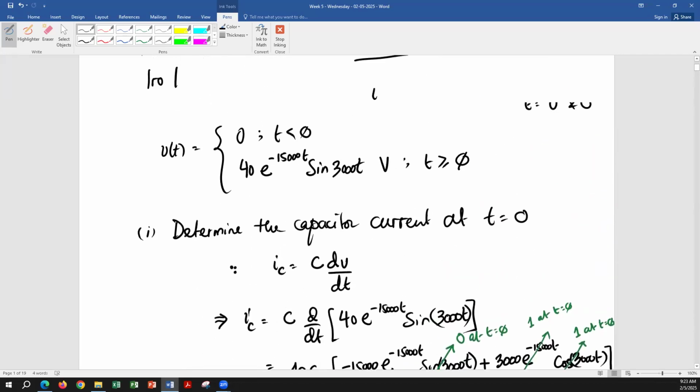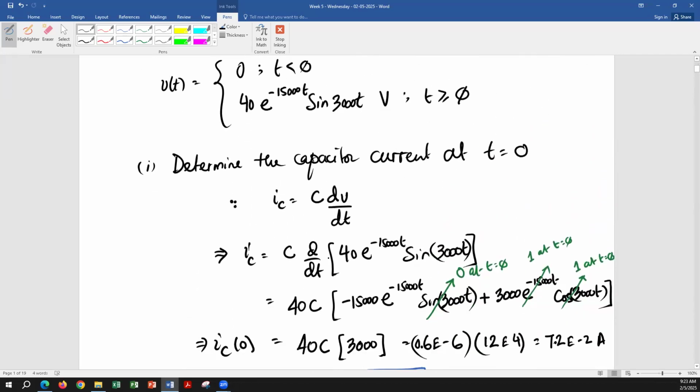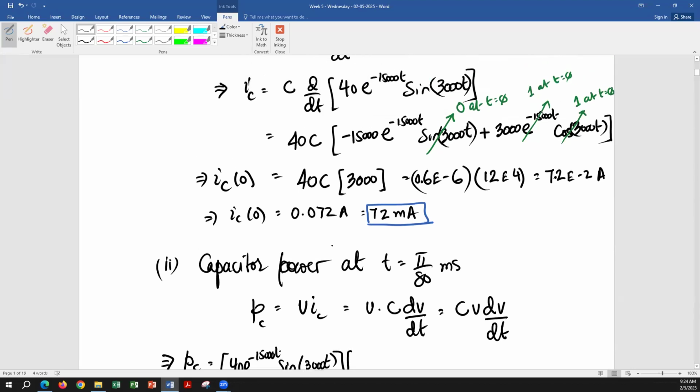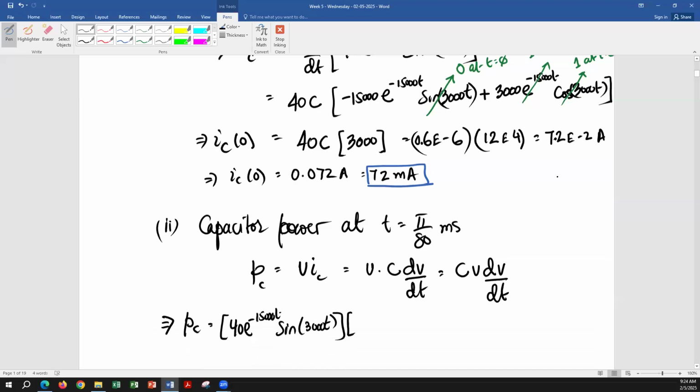V is 40 e to the power negative 15,000 t sine 3,000 t, and then our expression for I that we calculated is 40C, and then this expression.